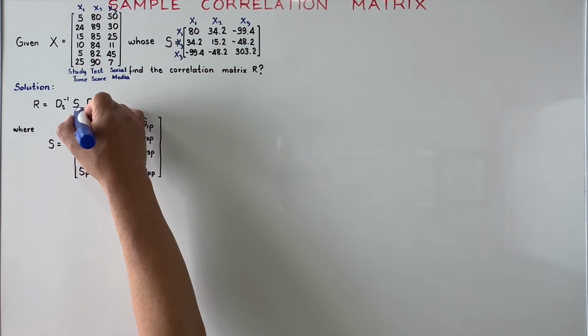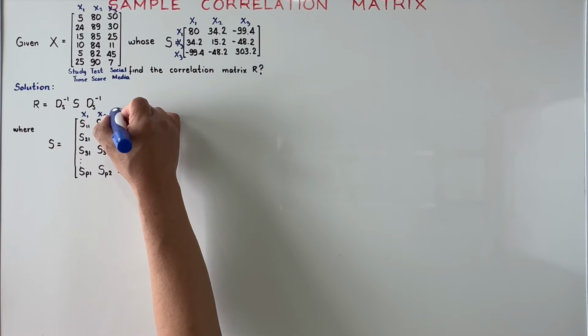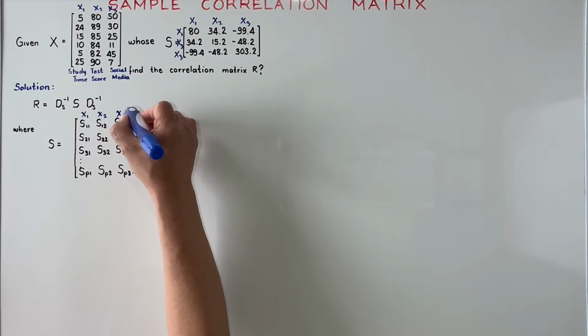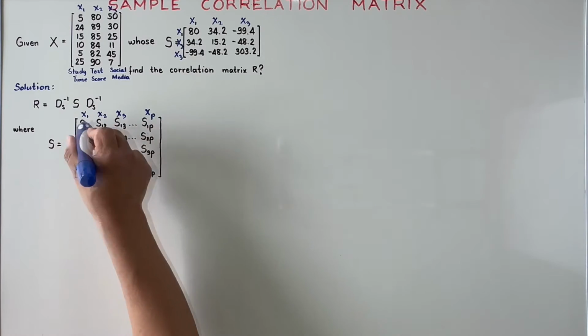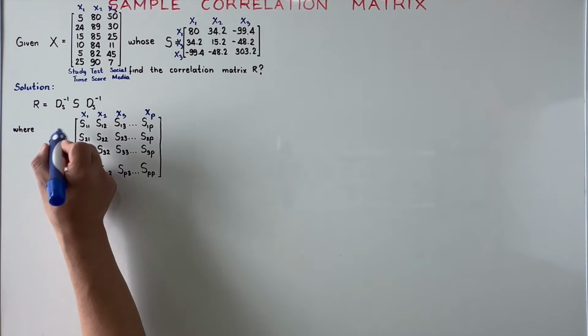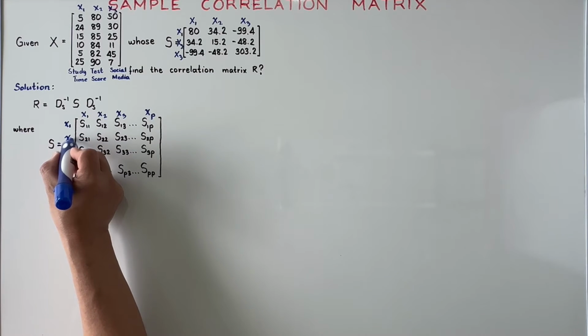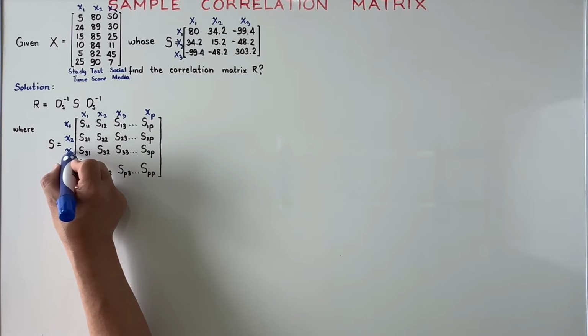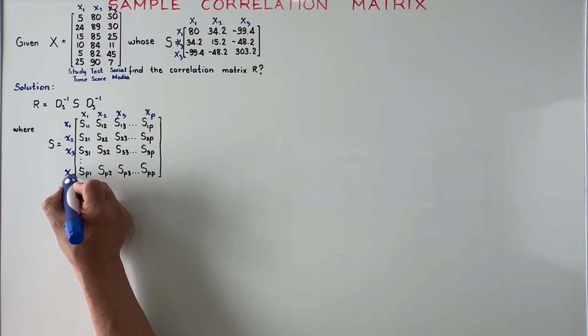And if I write here the first column as our first variable, second column our second variable, third column our third variable, and the last column our pth variable, we have p number of variables. Also, our first row is our first variable, the second row the second variable, the third row the third variable, and the pth variable for our last row.